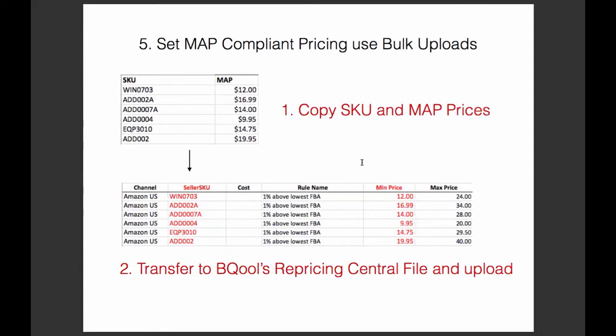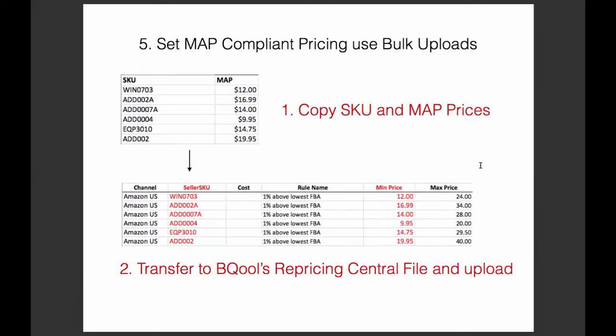We have 3 types of bulk upload files. Use the first one, and copy the SKU and copy the MAP price and make that your min. You also have to specify the marketplace. Most of you are probably Amazon US, so for channel, just choose Amazon US. And the rule name is the repricing rule that you want to assign for this SKU.